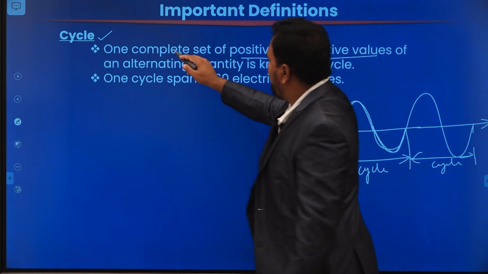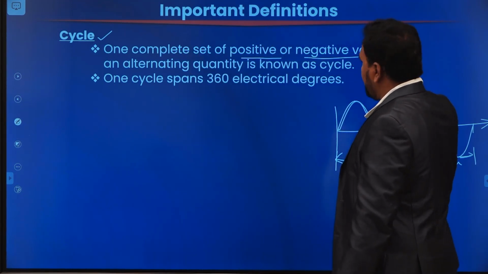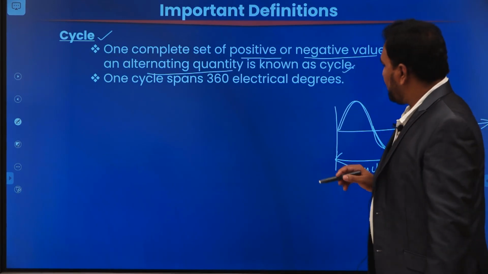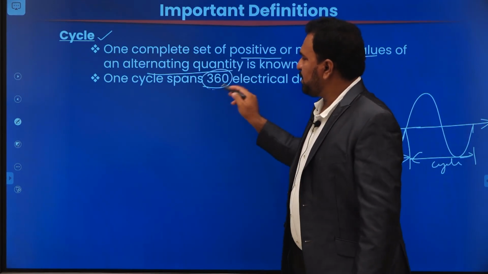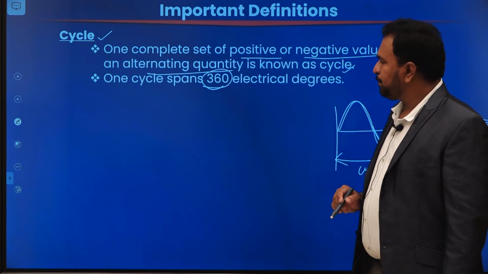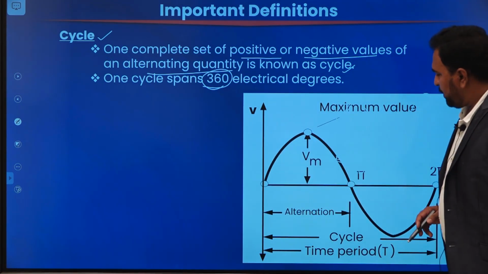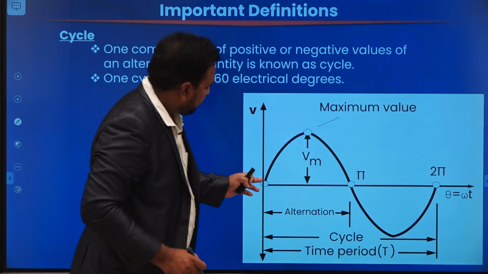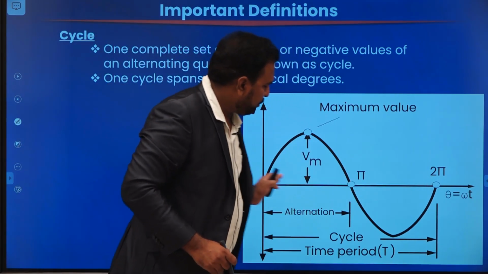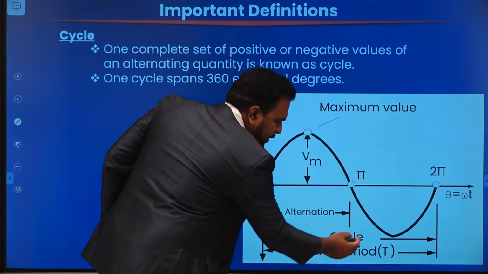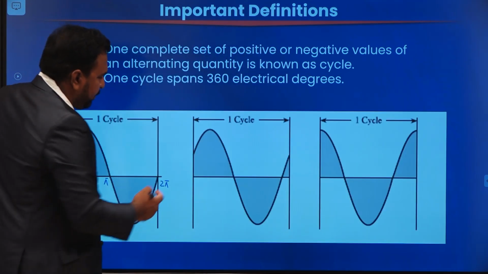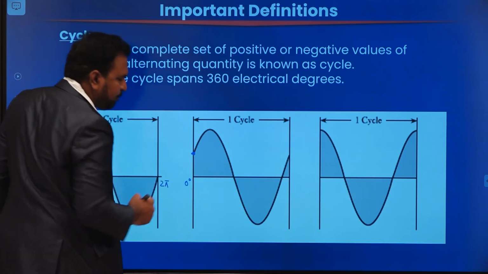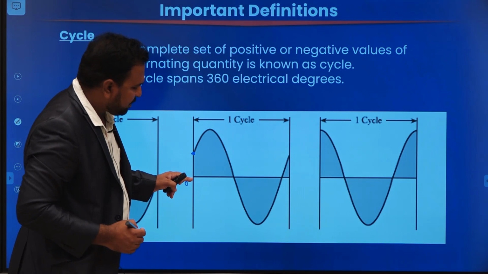So one complete set of positive and negative values of an alternating quantity is known as a cycle. And one cycle always spans 360 degrees. Keep that in mind. If you consider here, this is from 0 to 2 pi radians or 0 to 360 degrees, and it is called one cycle. In this waveform we measure from 0 degrees, but the magnitude doesn't start at 0.